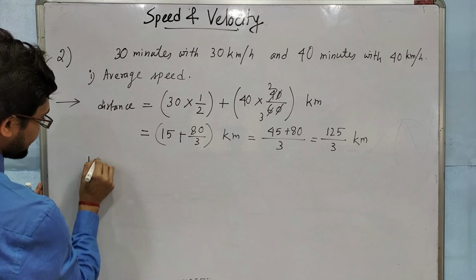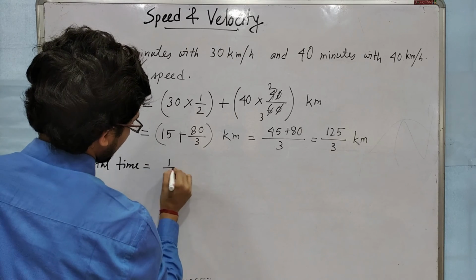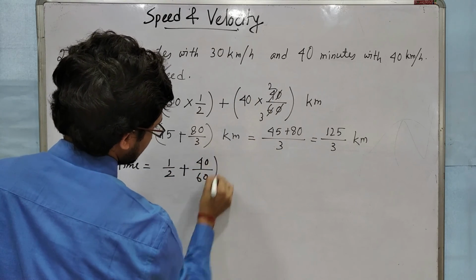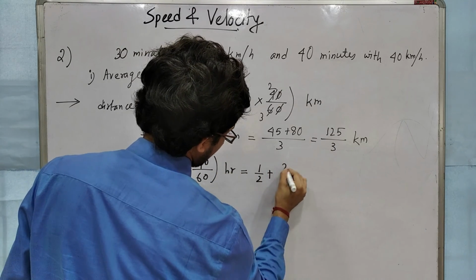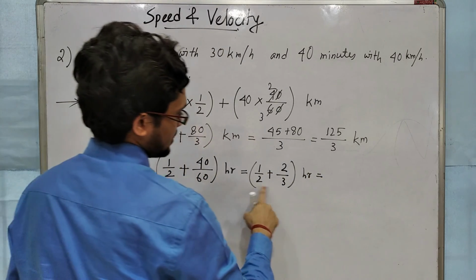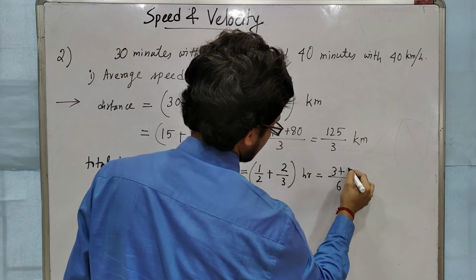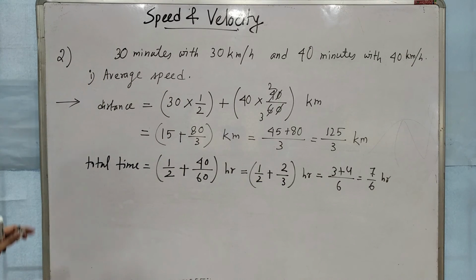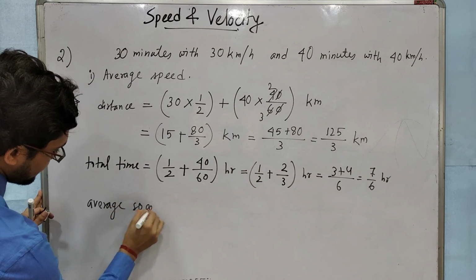And total time is how much? 30 minutes means half hour, plus 40 minutes, that means 40 by 60, this is the total hour. So half plus 2 by 3 hour, so it will be 3 plus 4, 7 by 6 hour. Okay, now average speed.